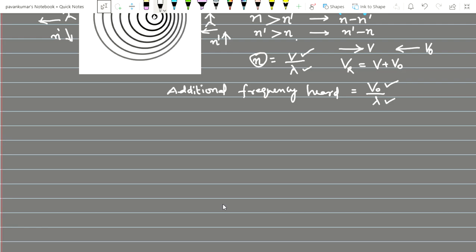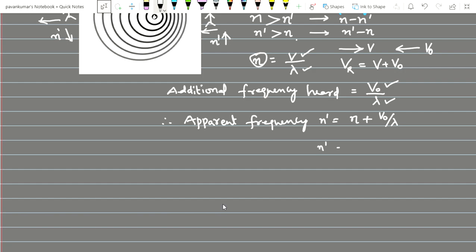We know that the frequency is given by v by lambda. Therefore the apparent frequency is given by n dash is equal to actual frequency plus additional frequency heard by the observer.